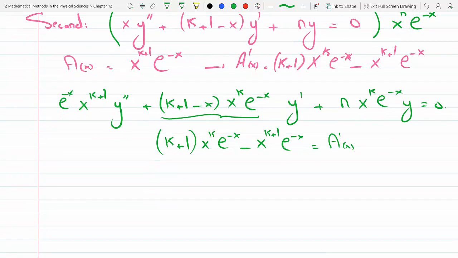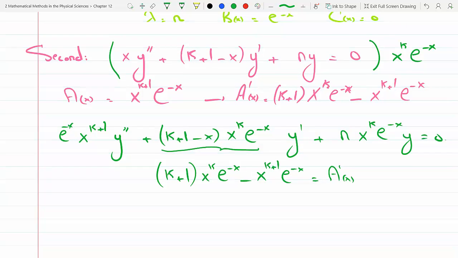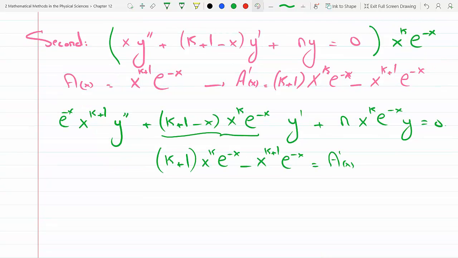Okay, so now since I know that the product rule will generate the first two terms, I could rewrite this now using the product rule backwards. So d over dx of x to the k plus 1 e to the minus x y prime.